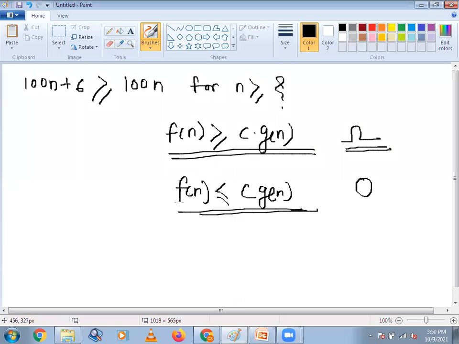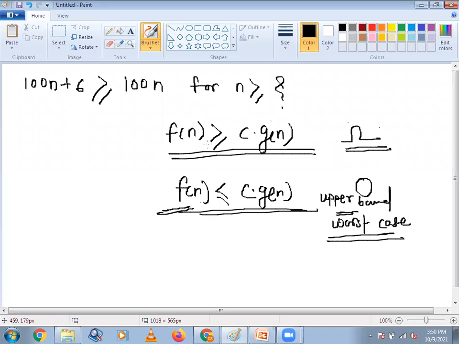Keep in mind, for finding upper bound, f of n is less than g of n, or worst case. If you see f of n is always less than c into g of n, then it is a worst case and it is upper bound.